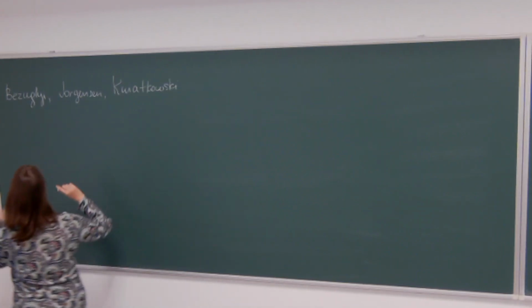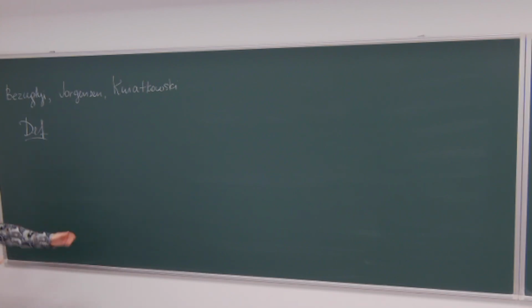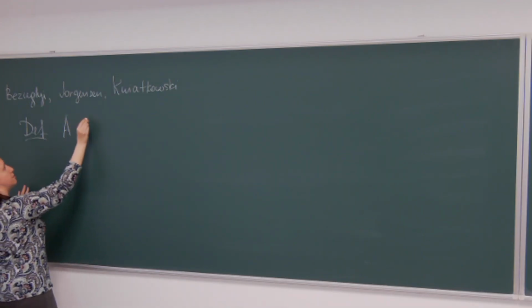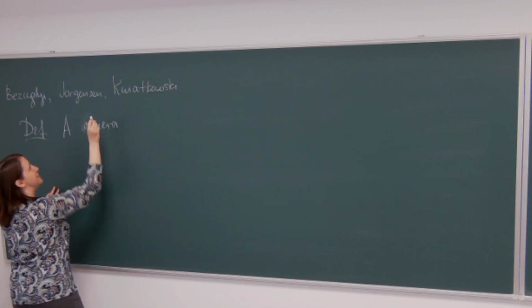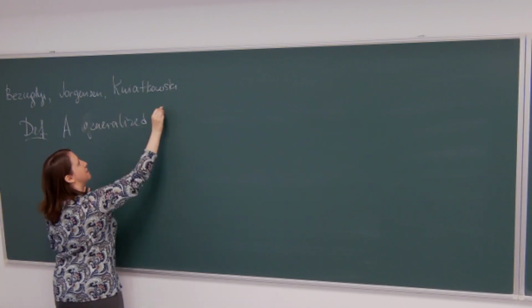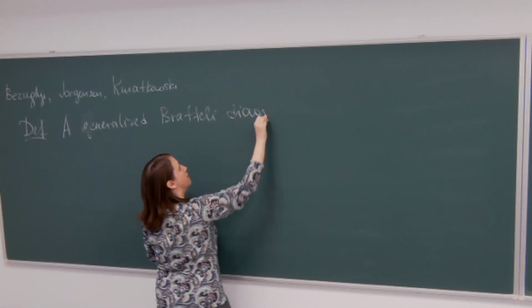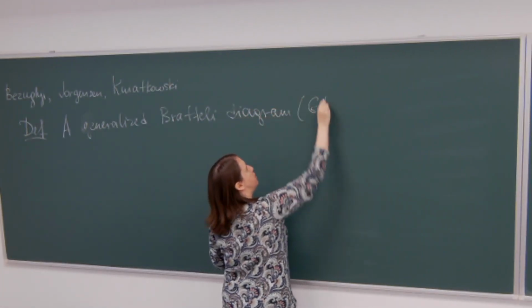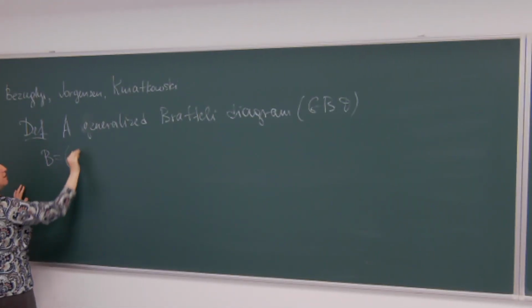So let me recall the definition. I will define generalized Bratteli diagrams at once, but also maybe mention what usual classical Bratteli diagrams are. So a generalized Bratteli diagram, let me abbreviate it by GBD, is an infinite graph.